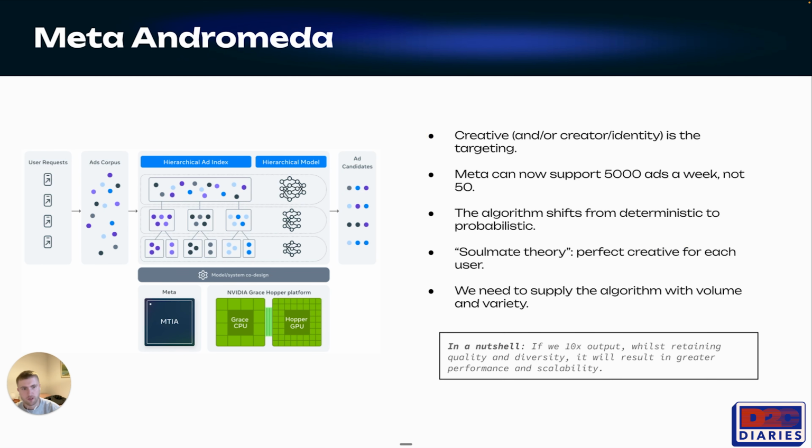What is Andromeda? Well, Andromeda is Facebook's shift in the way it serves ads to individuals on the platforms that it owns. It's a move from deterministic to probabilistic. What this means simply is a move away from grouping you as an individual with other similar people based on purchase behavior, based on consumption of content, based on the websites you browse.